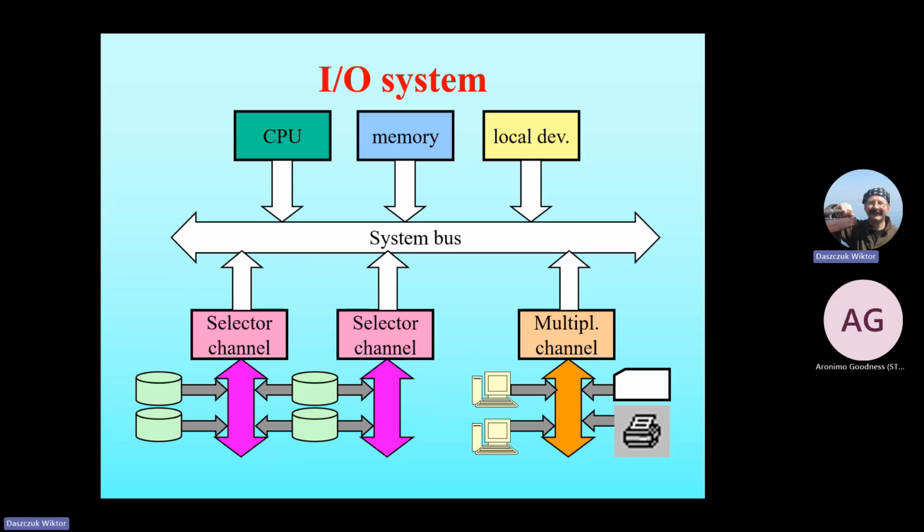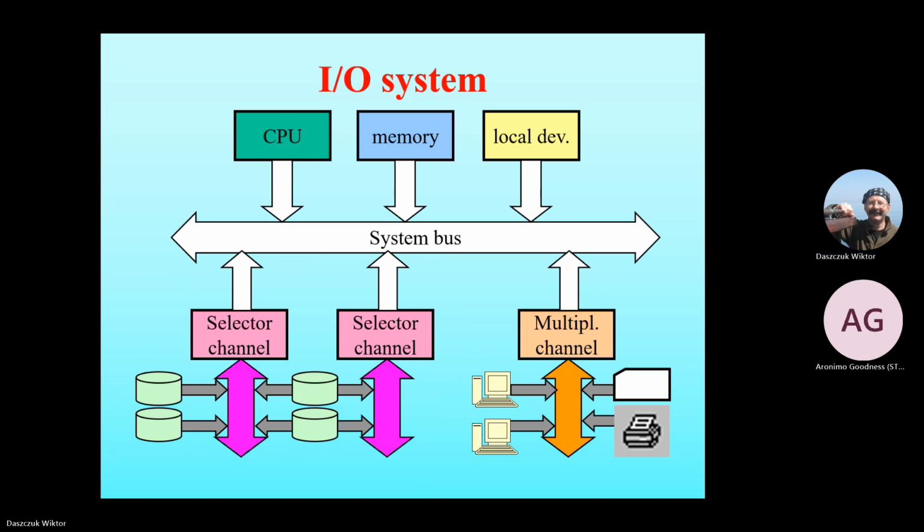and multiplexer channels. Multiplexer channels switch between devices, allowing to transfer single bytes between the system bus and devices like keyboard, mouse, printer. Selector channels are called such because they select a device, for example, a disk, and they transfer large portions of data between the CPU or memory and the disk.